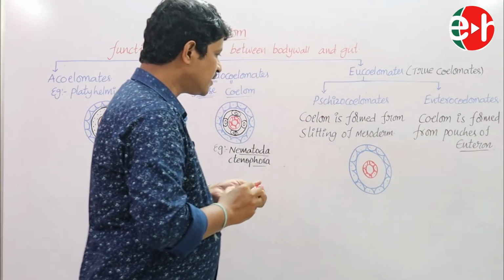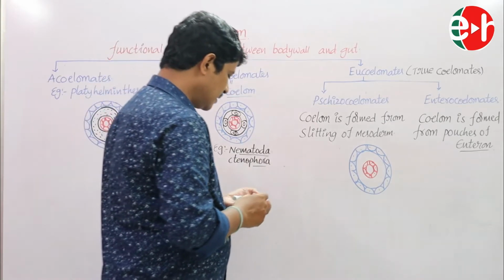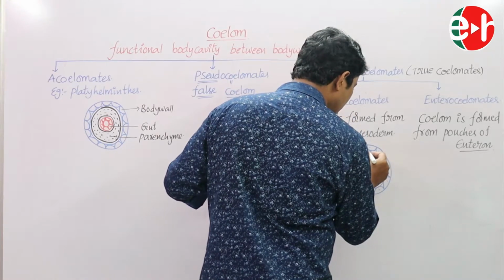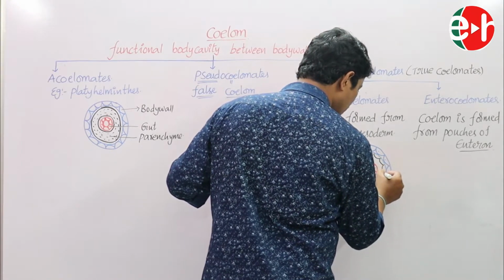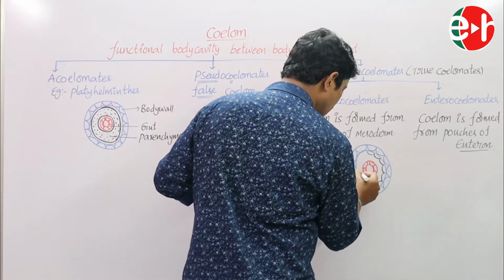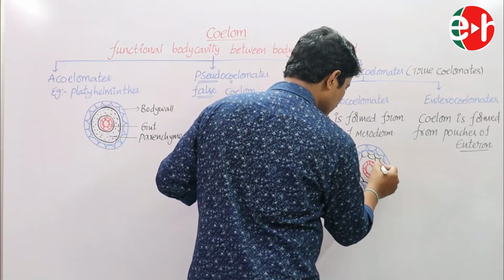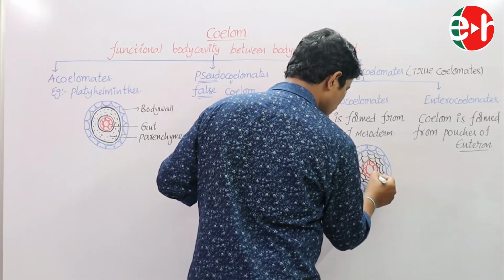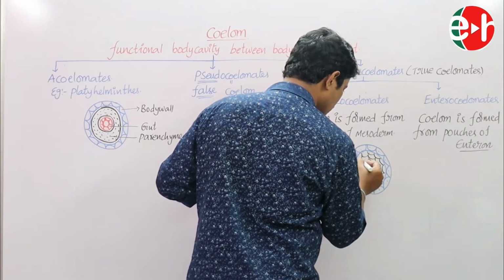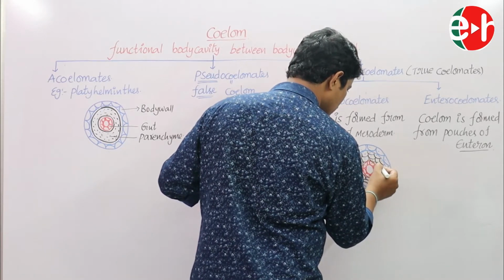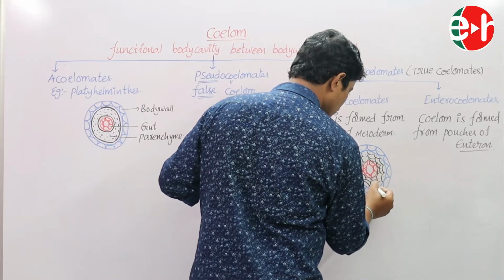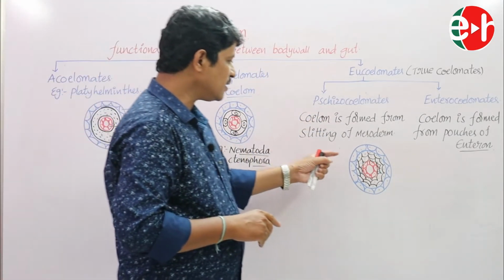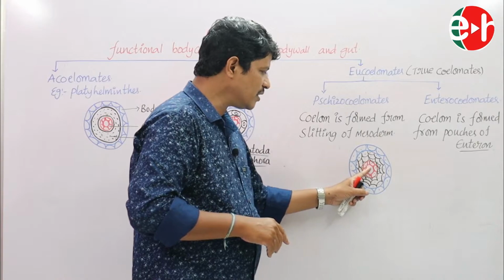Between this body wall and the gut, the middle one is surrounded by mesodermal layers. See, this is the outer layer, this is mesoderm, this is gut.